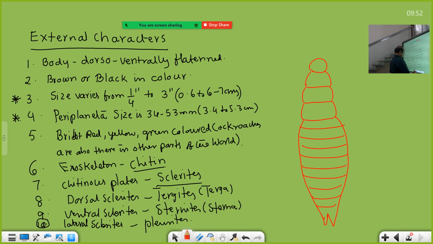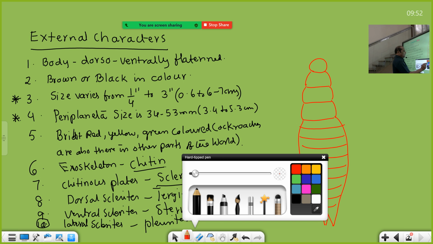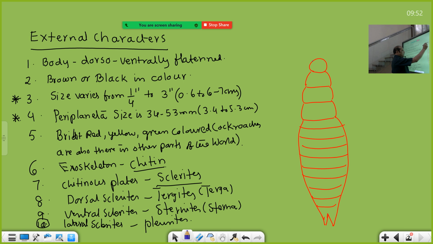And here there is a compound eye. Kidney shaped or bean shaped compound eyes are present. In front of the compound eyes, the feelers are present, which are called antennae.